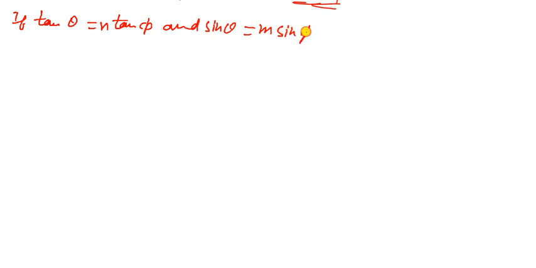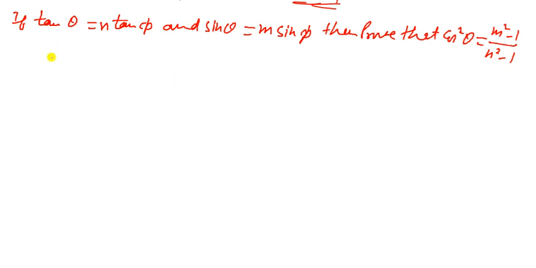Next question is: if tan theta is equal to n tan phi and sin theta is equal to m sin phi, then prove that cos square theta is equal to m square minus 1 upon n square minus 1. That is the important question.